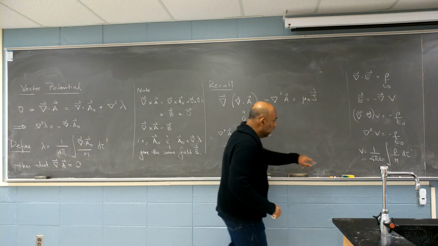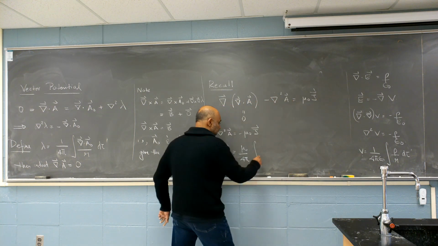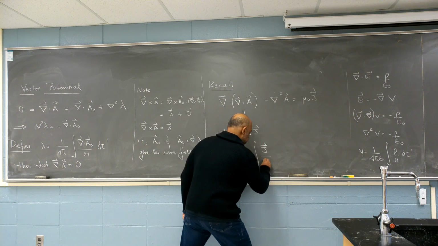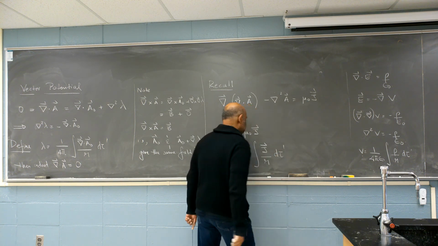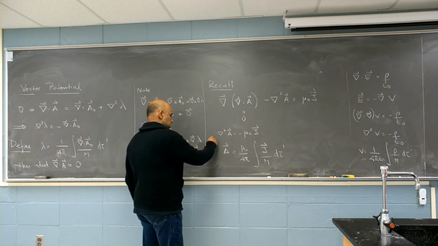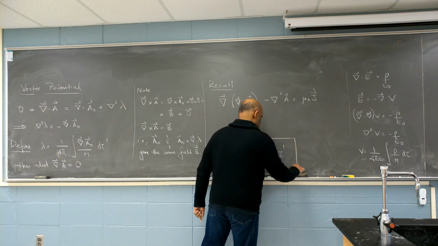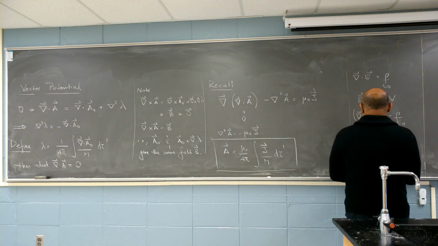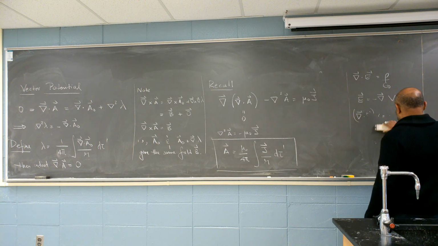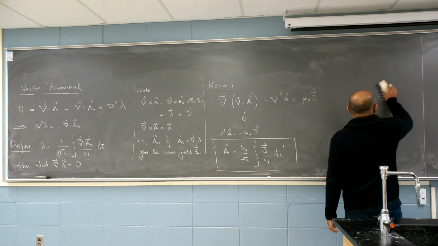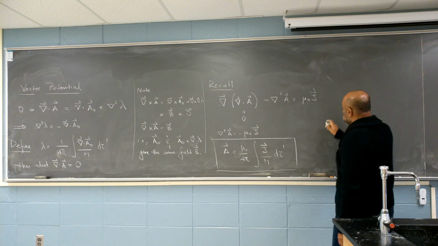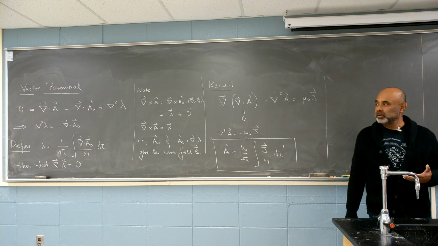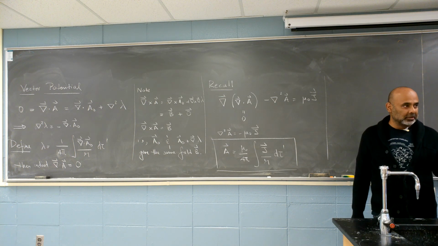This is a vector, this is a scalar, no matter, this is also a vector, so it becomes J. Now, again, this is from the Biot-Savart law of three-dimensional currents.